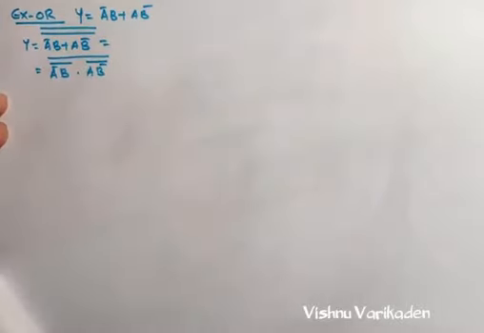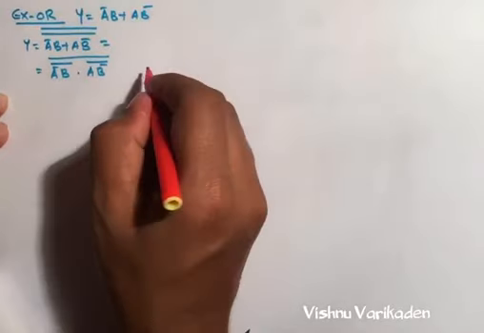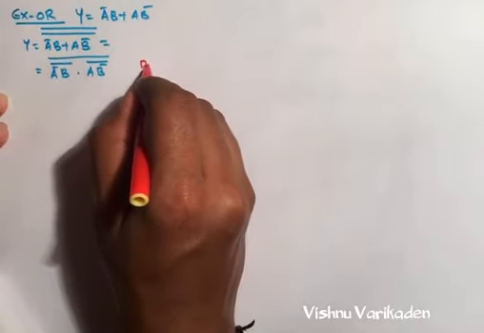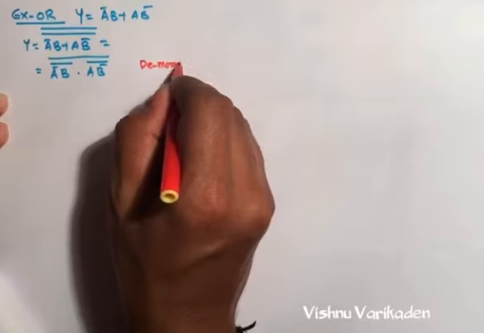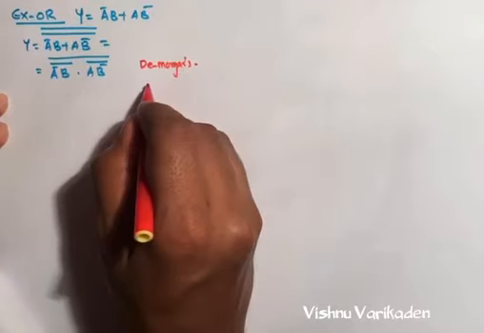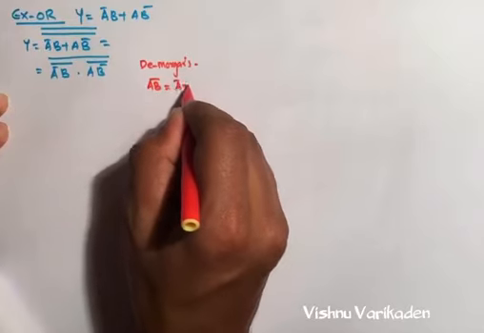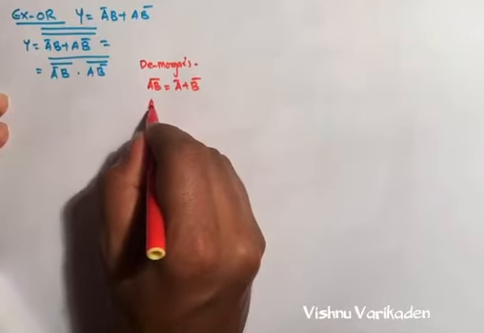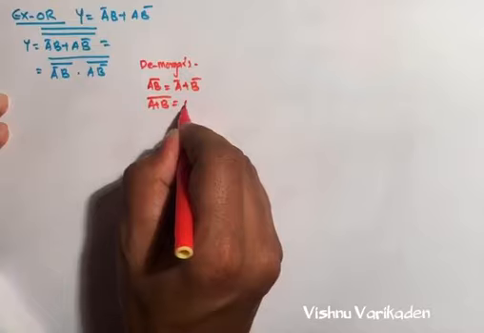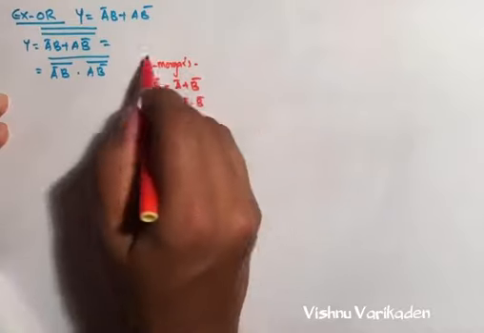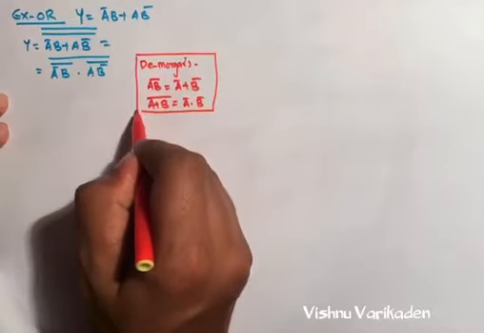De Morgan's theorem is: if AB the whole bar, that is A bar plus B bar. You can also write (A plus B) the whole bar is equal to A bar dot B bar. This is De Morgan's theorem.